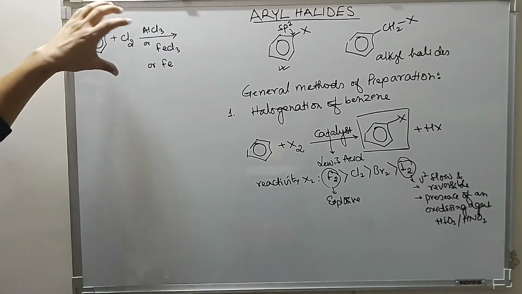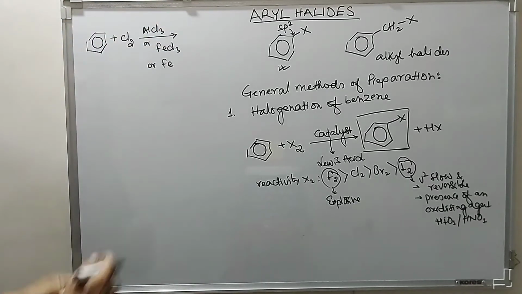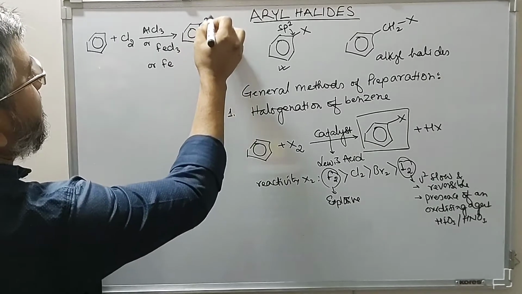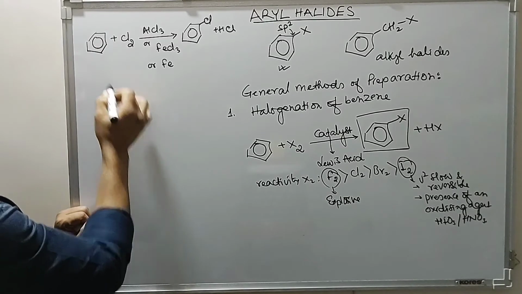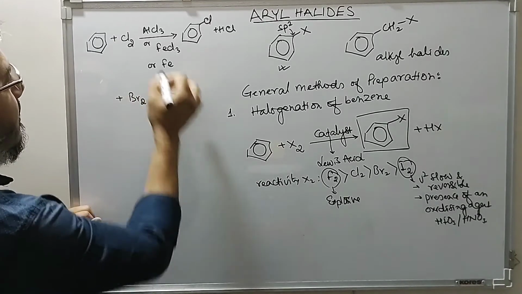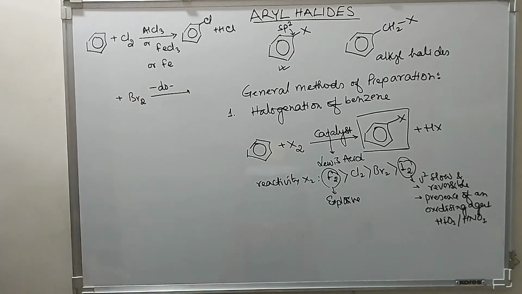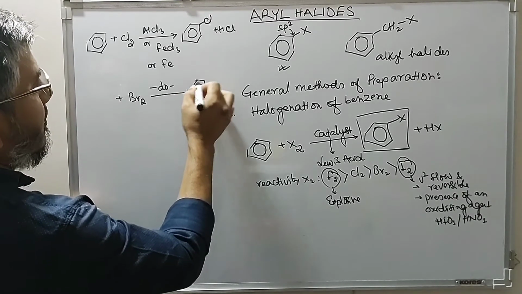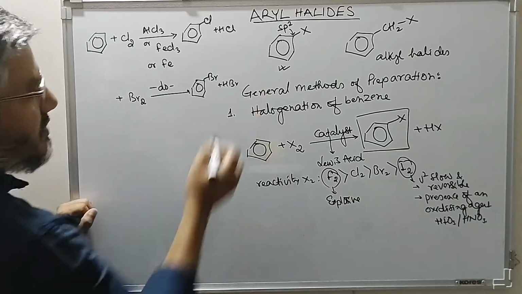So benzene reacts with chlorine in presence of a Lewis catalyst and this gives you chlorobenzene, and HCl is released. We take bromine in presence of the same catalysts, AlCl3, FeBr3 or Fe, and we get bromobenzene, and HBr is formed.